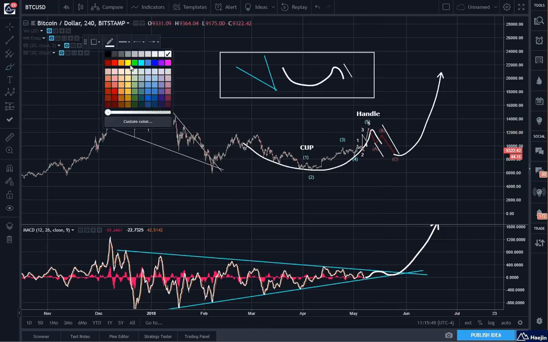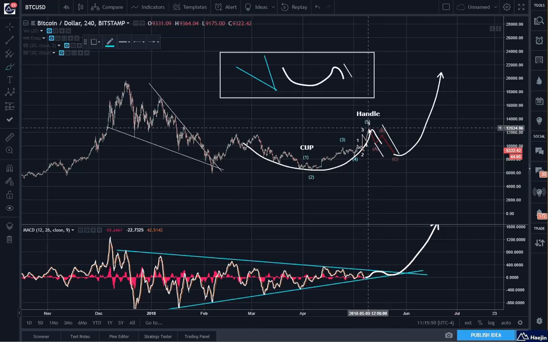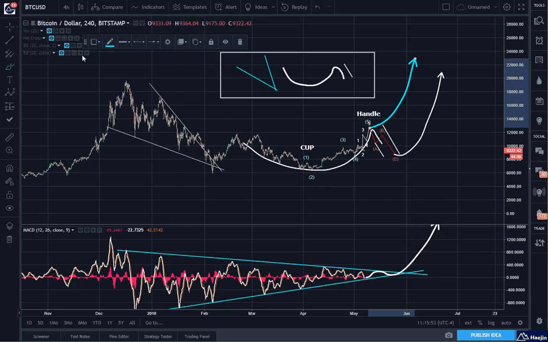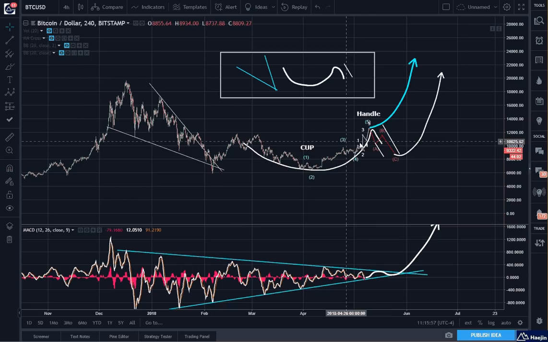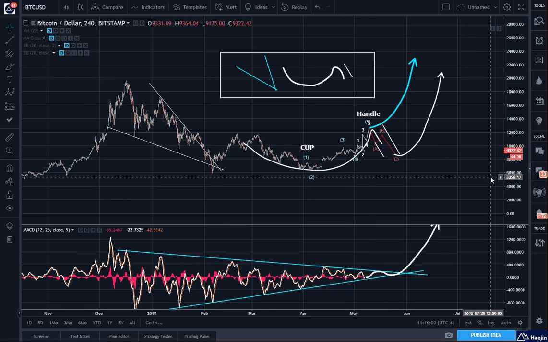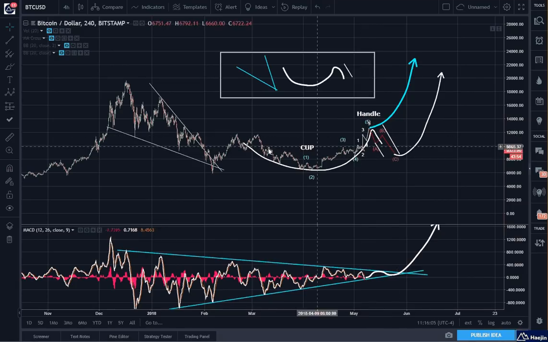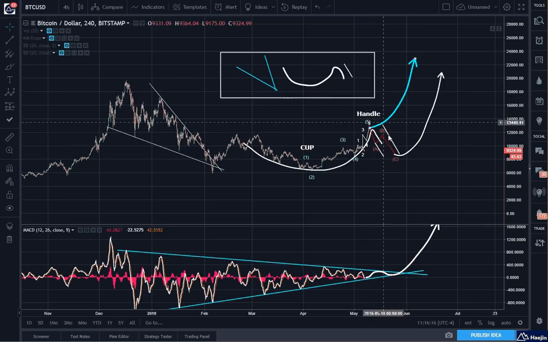Whenever you see a rounded bottom formation, it does not have to be a cup and handle, because you have to remember that the cup and handle are two different patterns combined into one. The cup and a bull flag are combined into one, and it doesn't always combine. When you get a cup or a rounded formation, it can still break out from there without generating the handle.